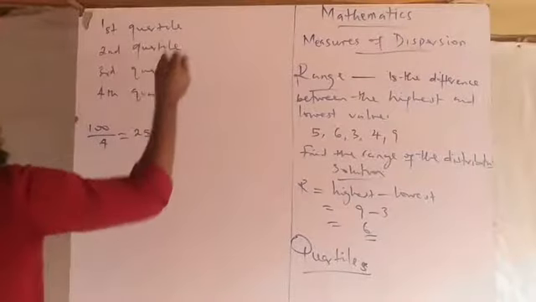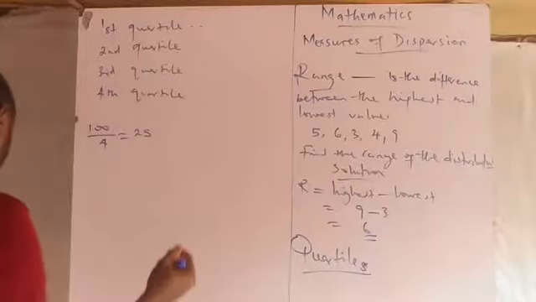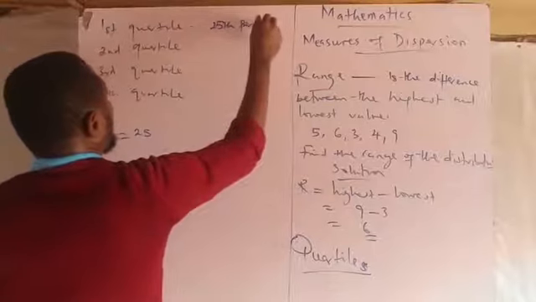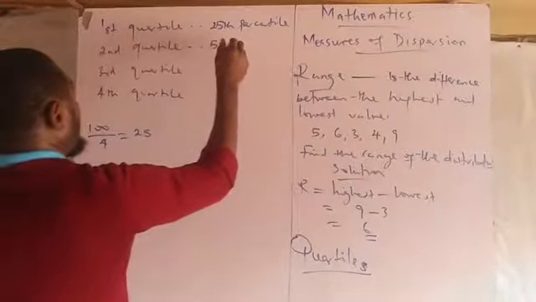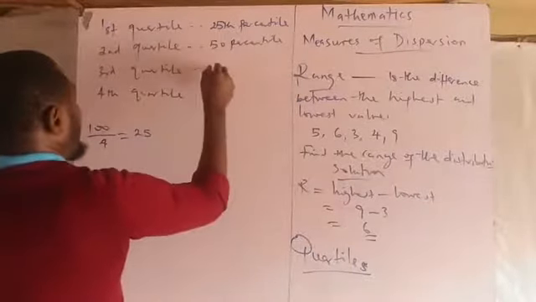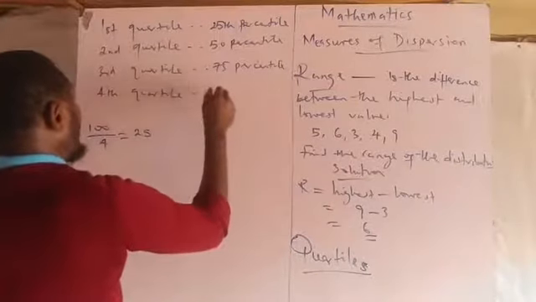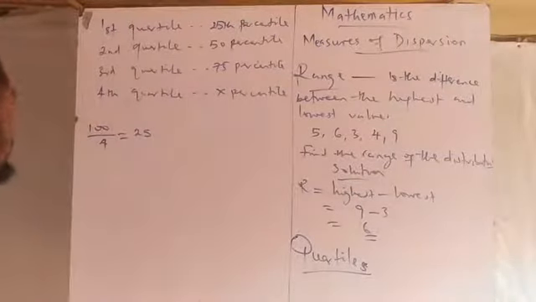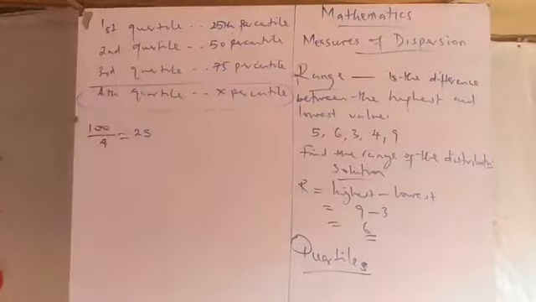So your first quarter will be the 25th percentile, which is 25%. This will be the 50th percentile. This will be the 75th percentile. And the fourth takes us back to 100, so it is not actually considered in this part.